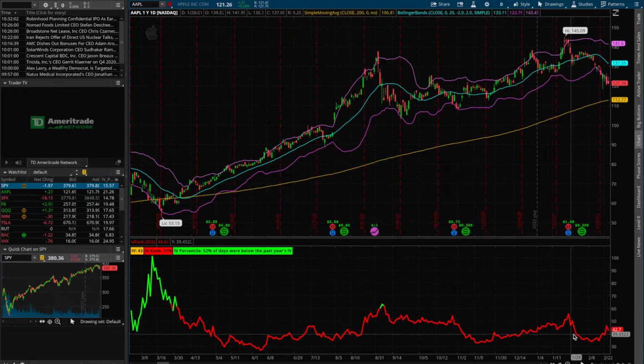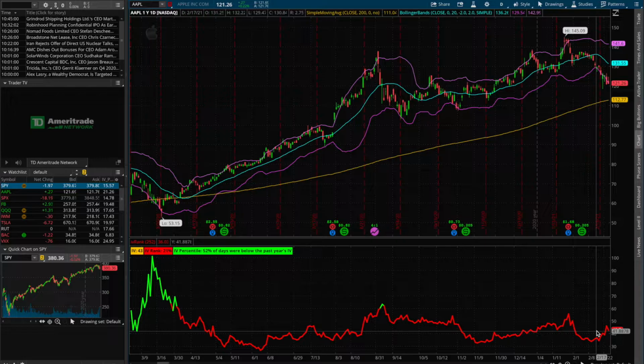And if right now the IV levels are above 50%, then looking above this horizontal line right here, there were many times over the past year where Apple's implied volatility exceeded 50% in terms of the percentile.